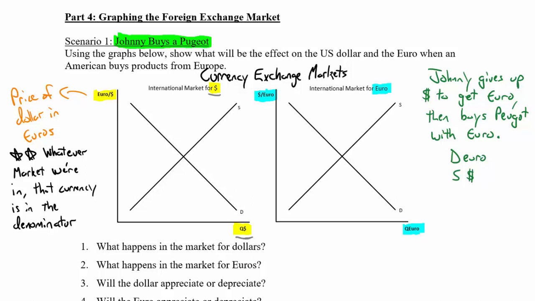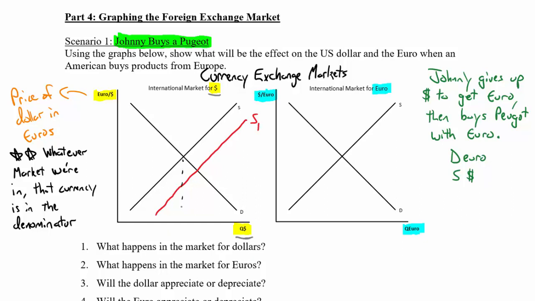Here I'm going to offer up my dollar in order to get a euro. When I offer up my dollar in the international market, there's a greater supply. I'm putting my dollars into the market, so the supply of the dollar is going to increase. Here we have the supply increasing from S to S1.